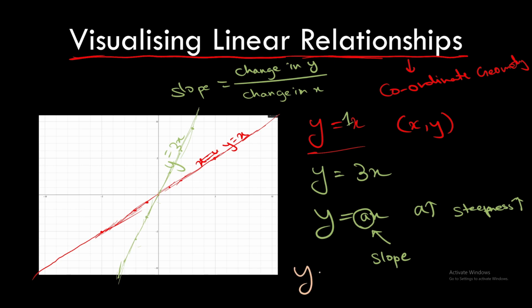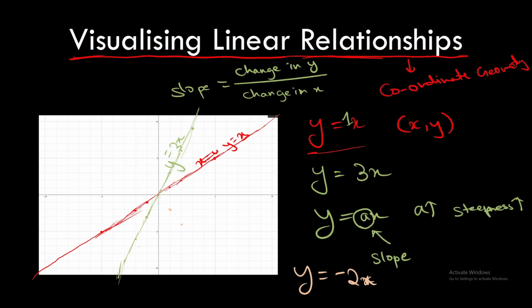Y is equal to minus 2x. This is our another equation. So now we can plot it here. For positive x equal to 1 we get minus 2. And for x is equal to 2 we get minus 4.